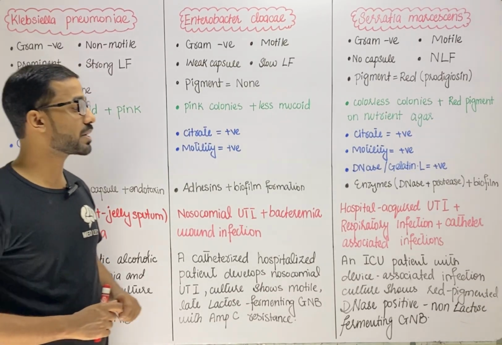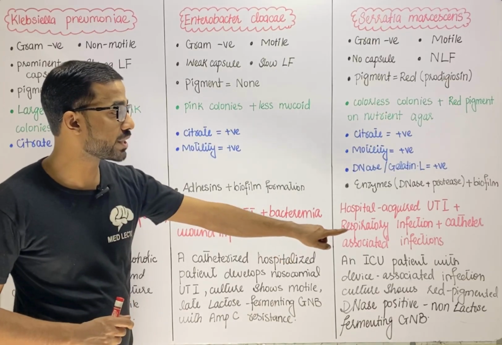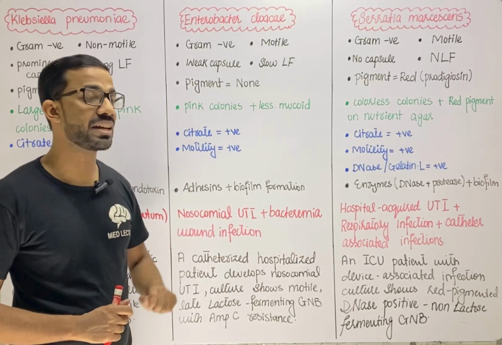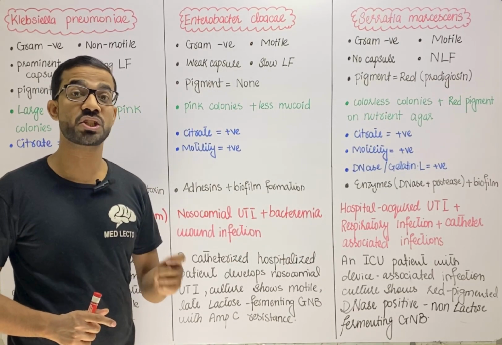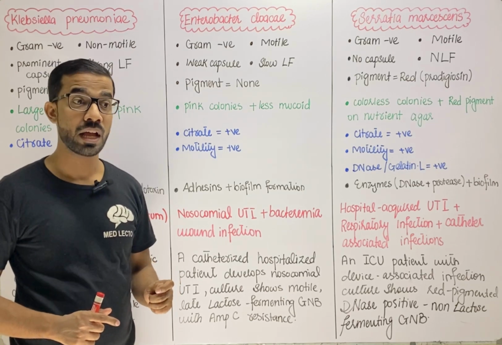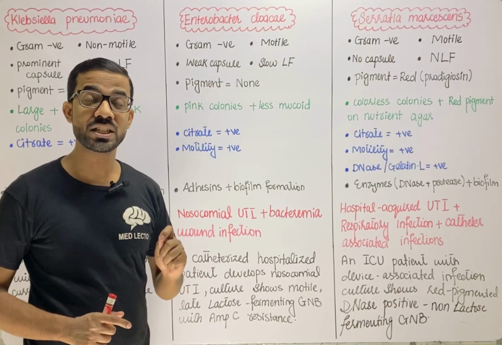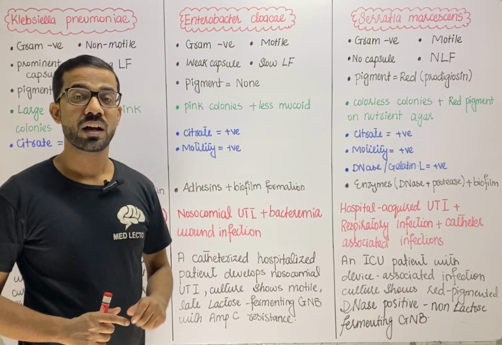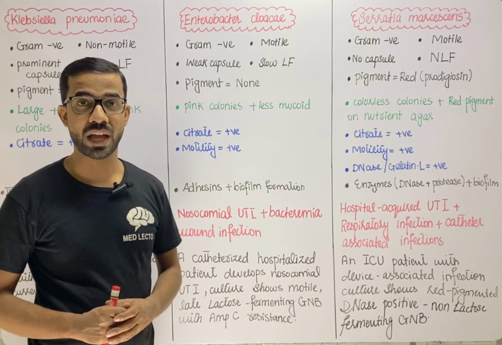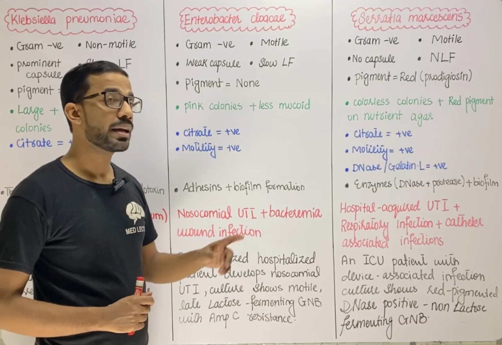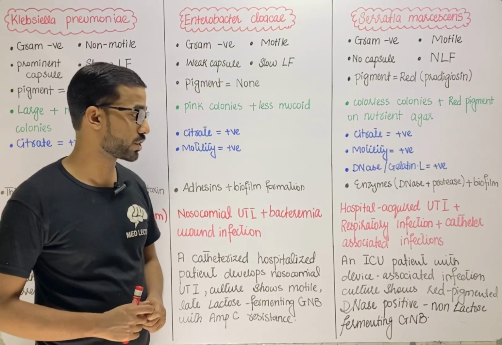Next is the Serratia marcescens scenario. An ICU patient with device associated infections like catheterization is very much important, because there is a chance for bacteria to get inside the body of a catheterized patient and cause infections, nosocomial infections.